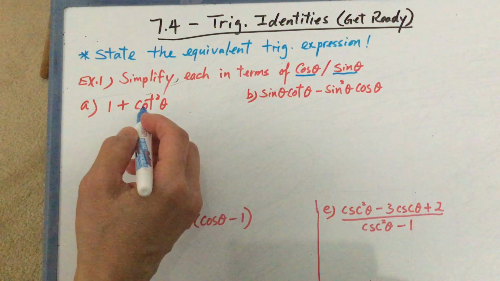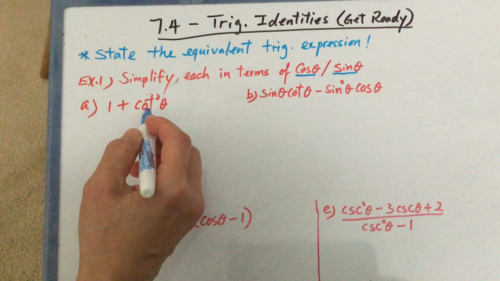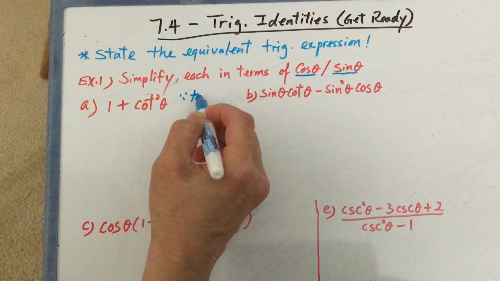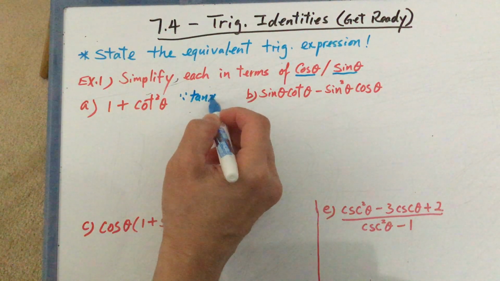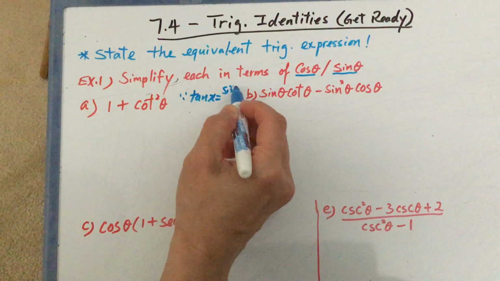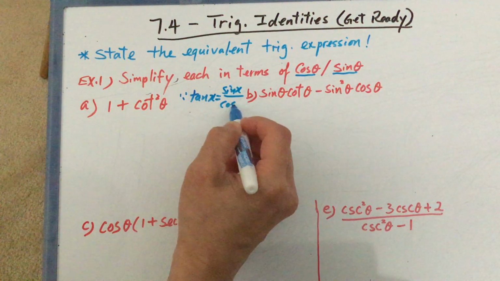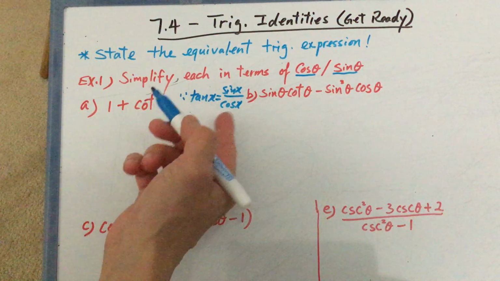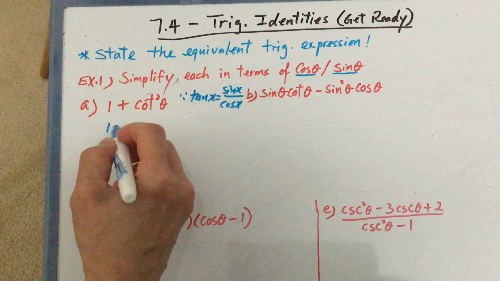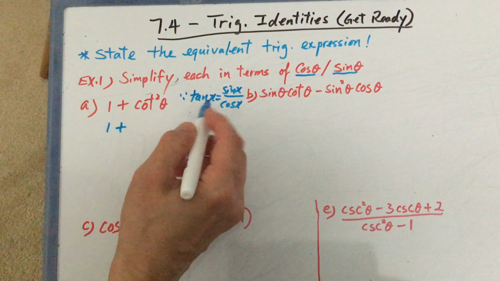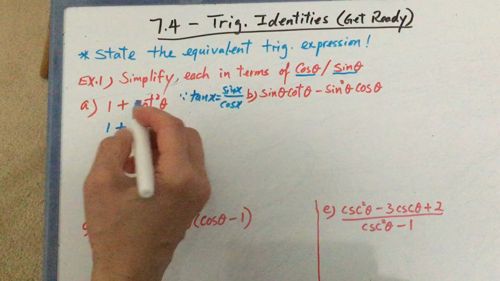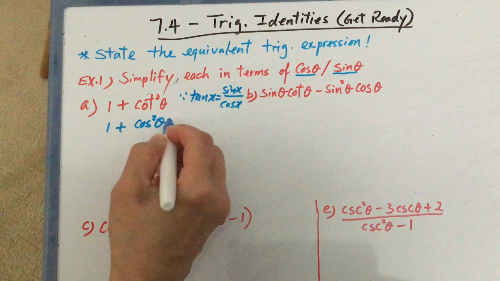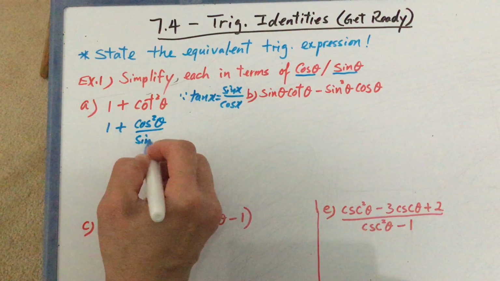So since we know that cotangent is the reciprocal of tangent, and tangent x is equal to sine x over cos x, when it comes to the reciprocal of the tangent, we just need to reverse it: cos x over sine x. So this becomes cos squared theta over sine squared theta.